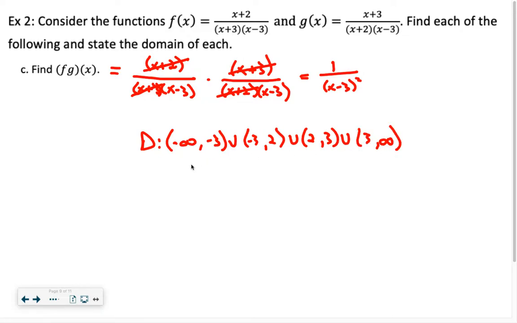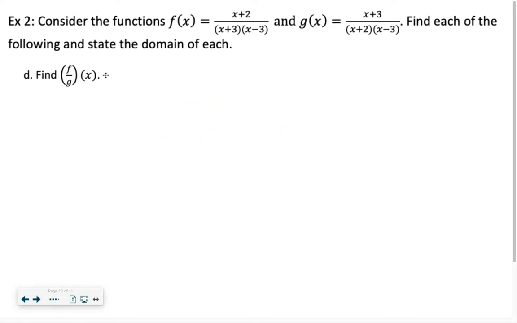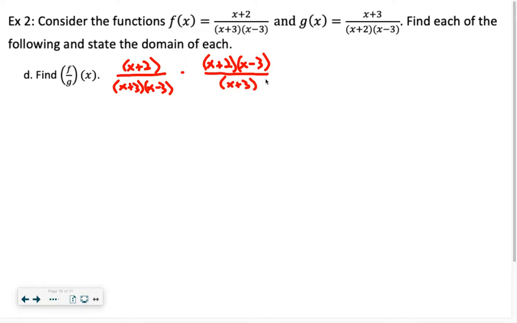All right. Now, division. Again, we said division is the same as multiplying by the reciprocal. So I can write this as (x + 2) over (x + 3) times (x − 3) times the reciprocal of the denominator. So that'll be (x + 2) and (x − 3) in the numerator now over (x + 3).